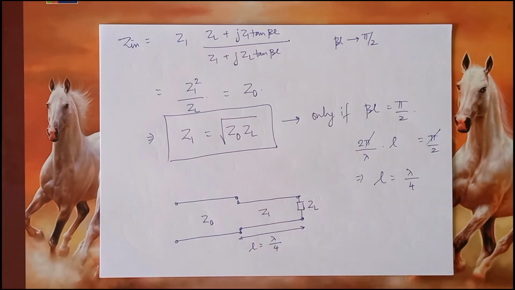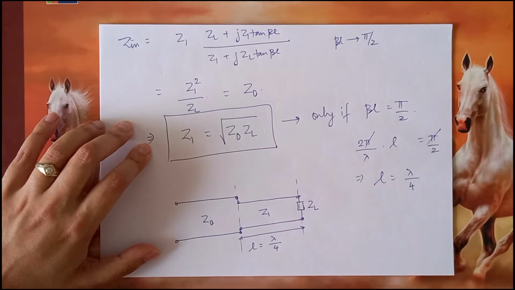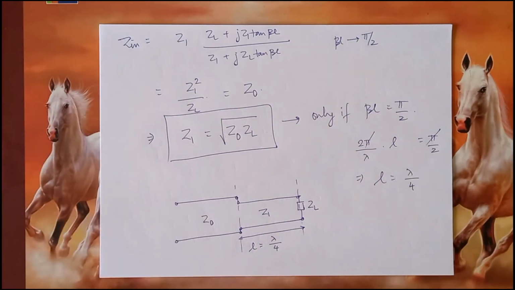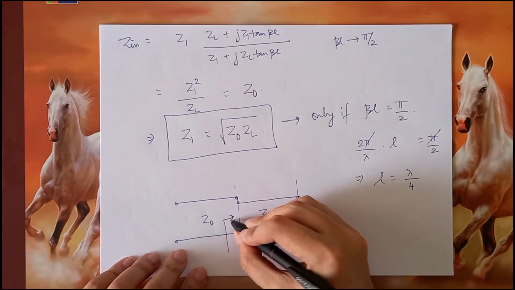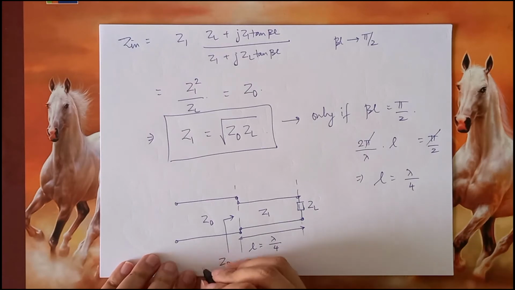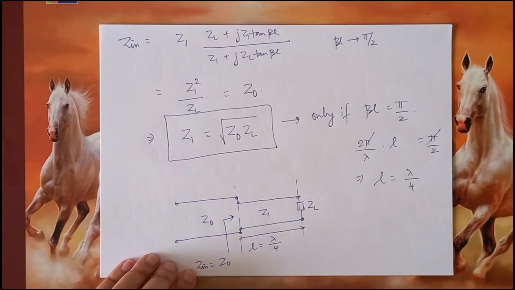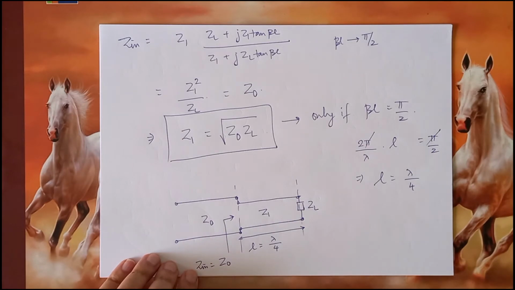So this transmission line, this lossless transmission line that is transforming the load impedance in such a way that over here we are seeing Z0 itself, Zin equal to Z0 is what the main line is seeing.